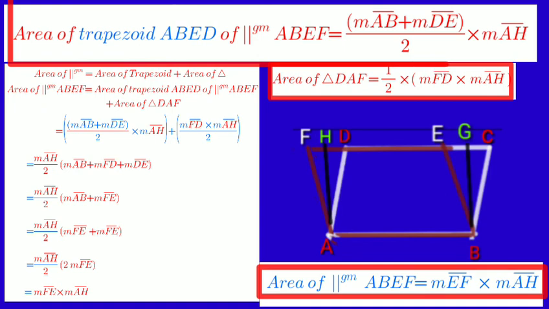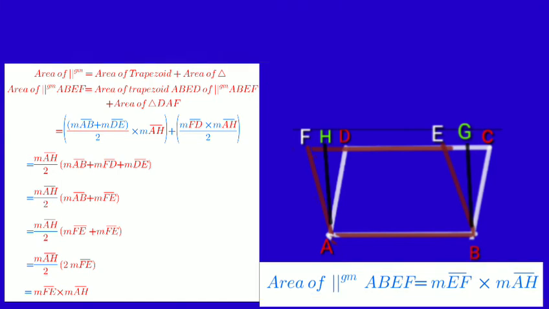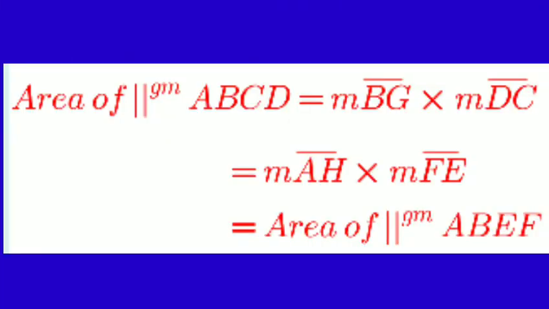And area of parallelogram ABEF becomes measure EF multiplied by measure AH. Area of parallelogram ABCD is equal to area of parallelogram ABEF by replacing BG equal to AH and DC equal to FE.